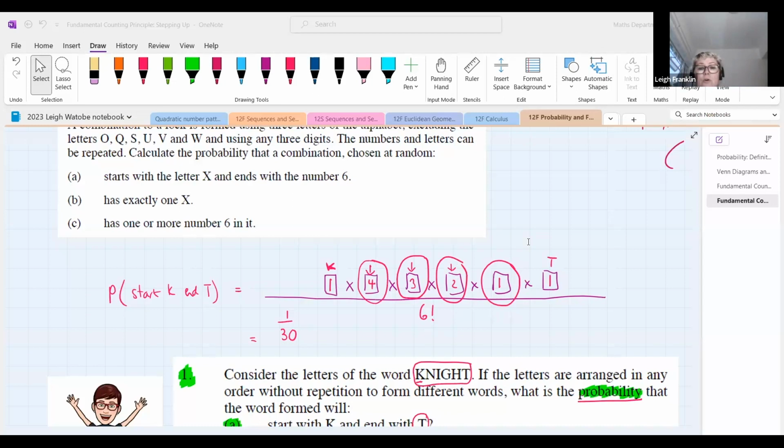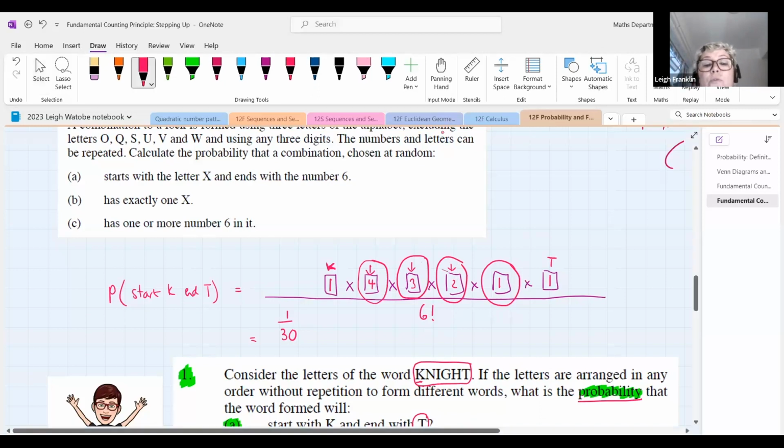I mean, if you times by 1, it's not going to make any difference. If you've got 4 by, mind you, it's not going to make it that much more complicated. Sorry, it's 4 by 3 by 2 by 1. So I suppose you could, if you wanted, write it as 6 factorial over 4 factorial. Okay, Lesego, you could do it that way too if you wanted. It'll give you the same answer.